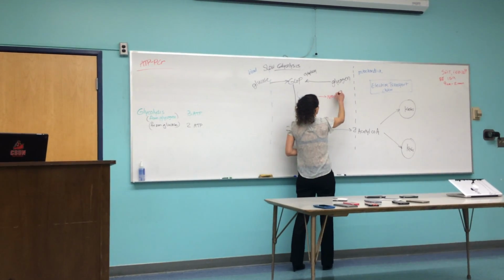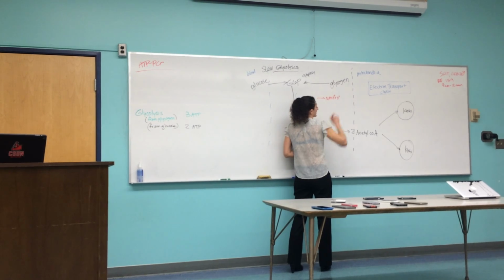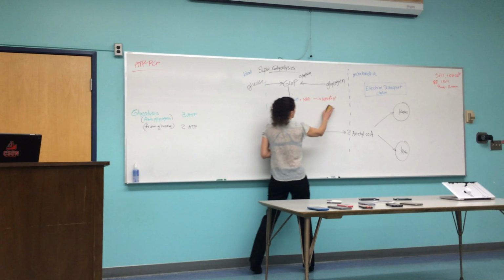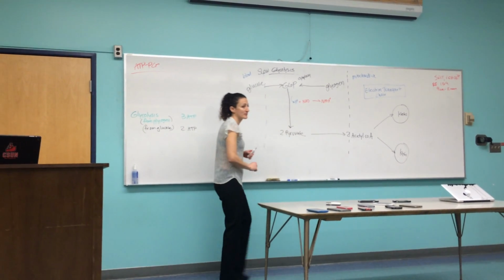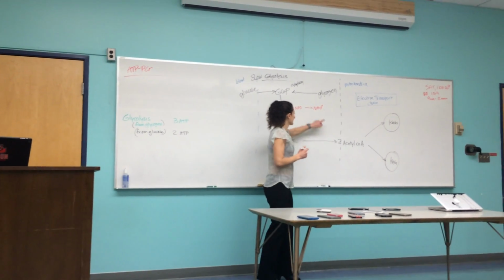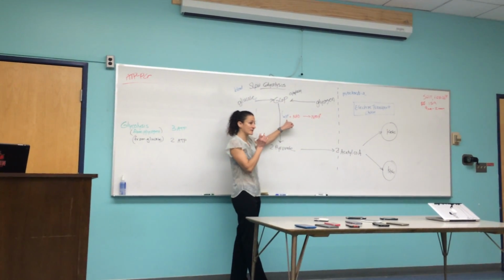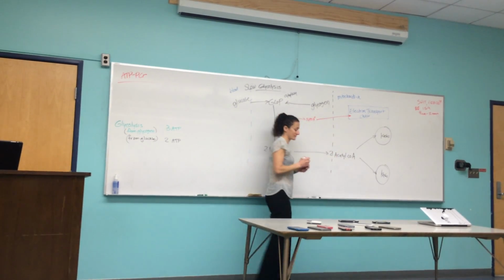You might see it written NADH, or you might see it written NADH plus H plus. For me, you can write it either way. I will usually just be lazy and write it like this, which if you're a chemist is probably incorrect, but I'm okay with that. So it means the electron carrier, NAD, picked up the hydrogen with its electron, and it's going to carry that to the electron transport chain.